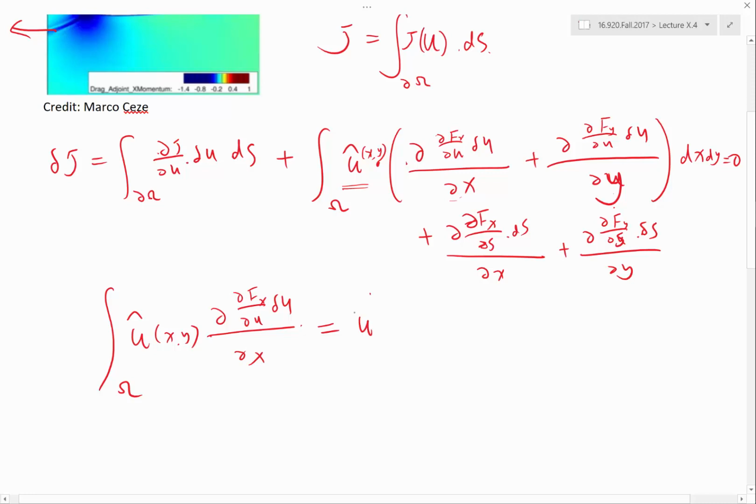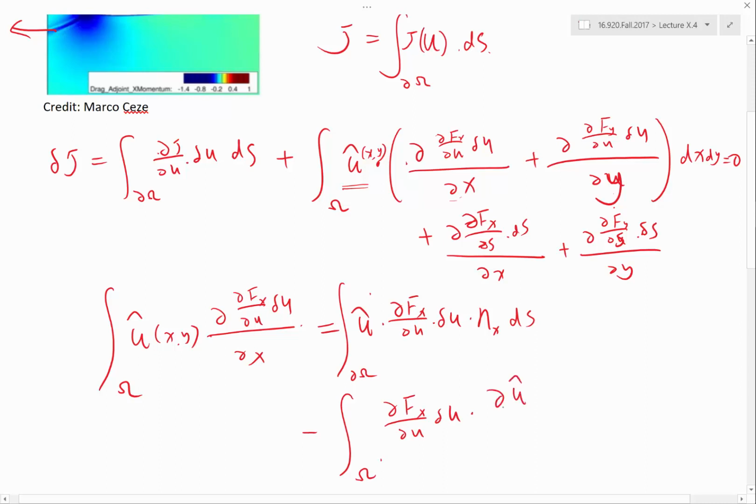So we'll have u hat times partial fx partial u times delta u, and times the x direction normal on the boundary, right? Not on the boundary, but integrated over the boundary, ds, and minus the integration on the boundary, first of all this term, times the x derivative of u hat.